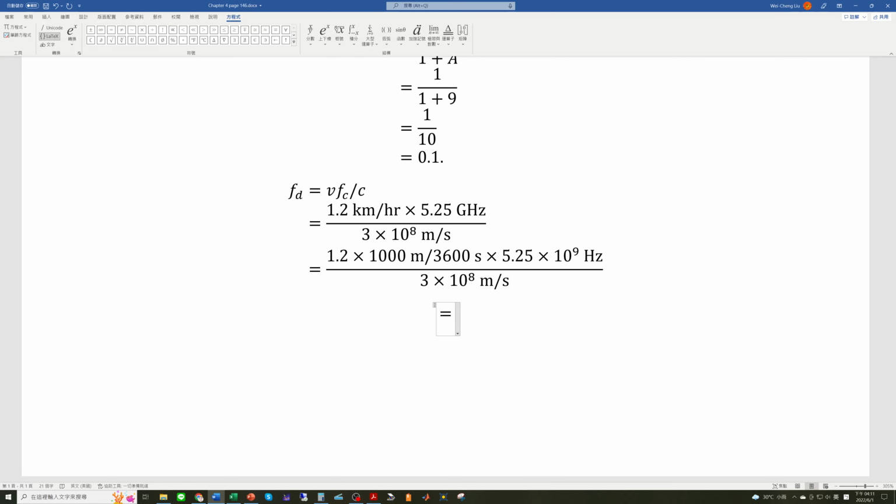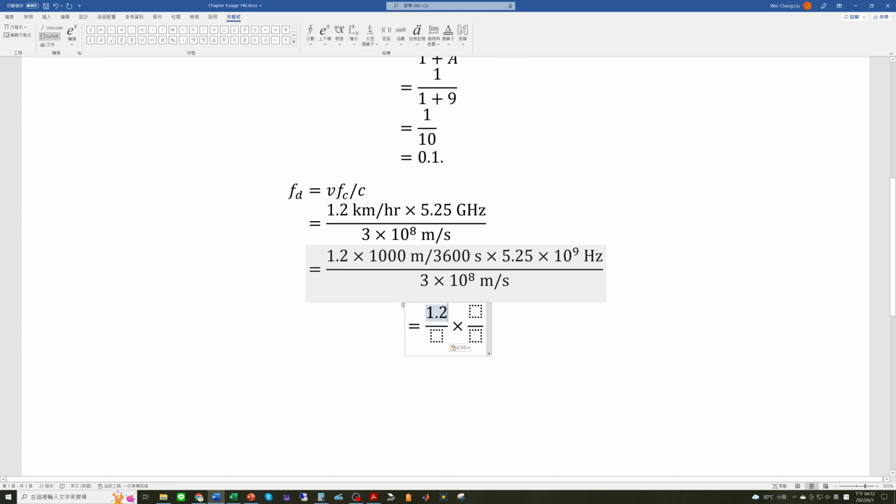Then we can try to calculate this equation. So this is equal to a fraction times another fraction. I want to put the 10 to the power of x in one term, and the other numbers in the other term. So first, 1.2 should be here.